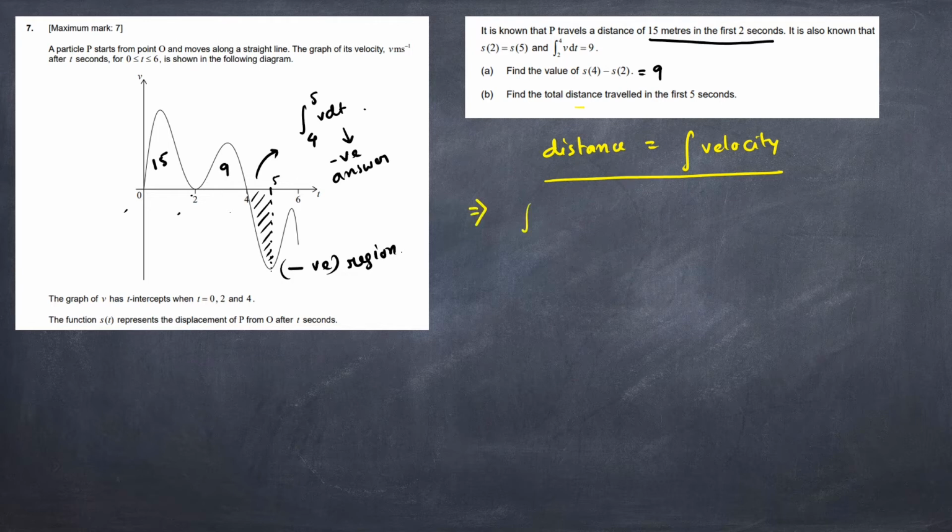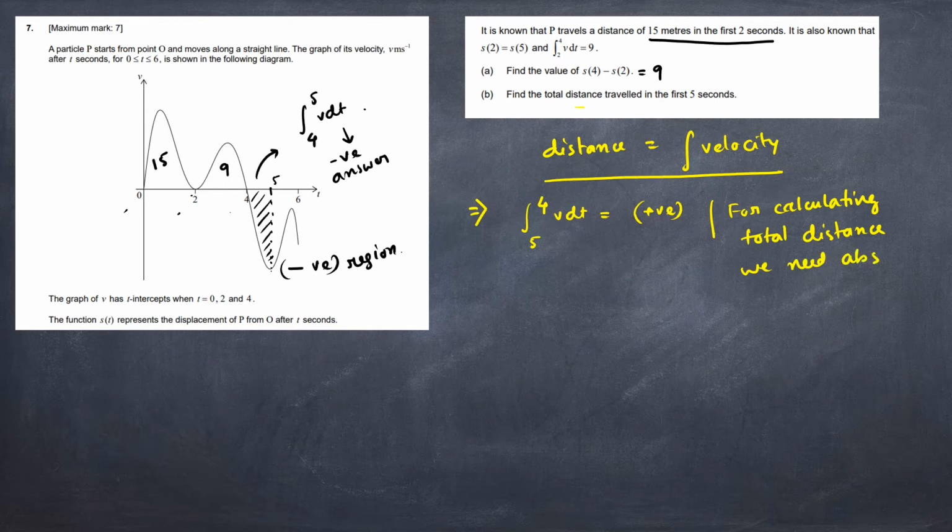If we change the integral to from 5 to 4 of v dt, then this particular area will be positive, and for calculating the total distance we need absolute values.